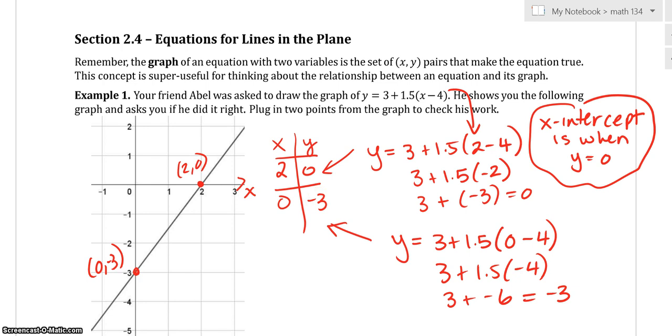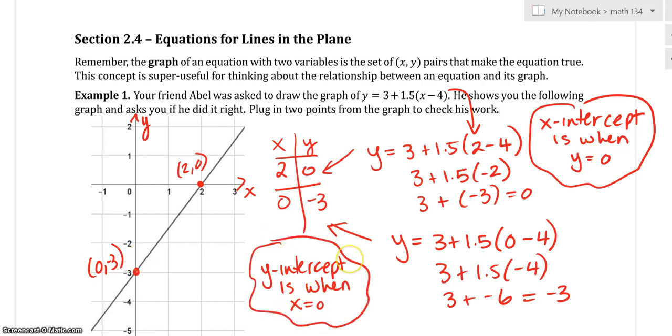He did it right. It did work. This, by the way, is where it crosses the y-axis. So it's called the y-intercept. And the y-intercept, if you notice, is when the x is 0, the opposite of the other one.